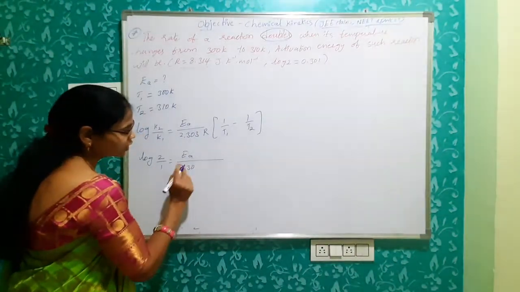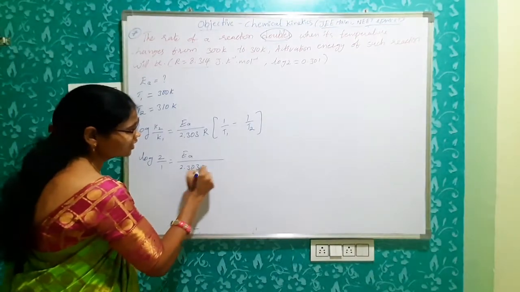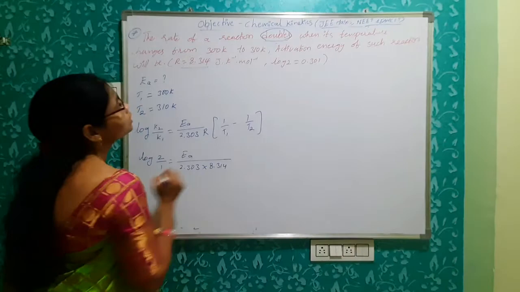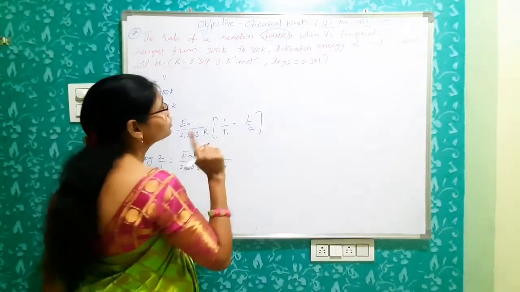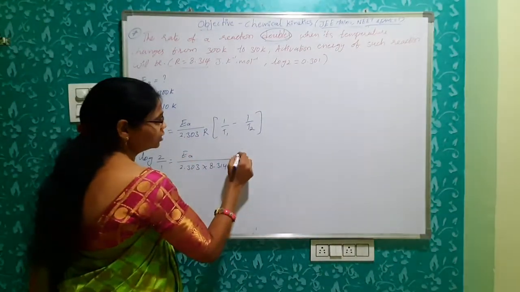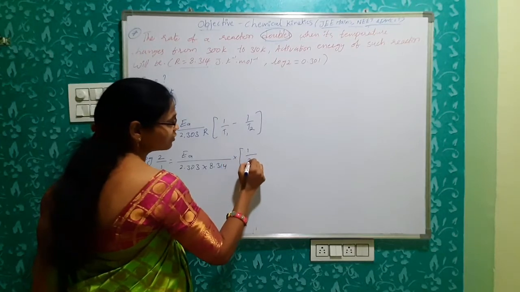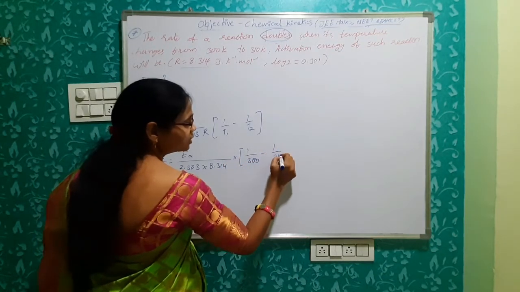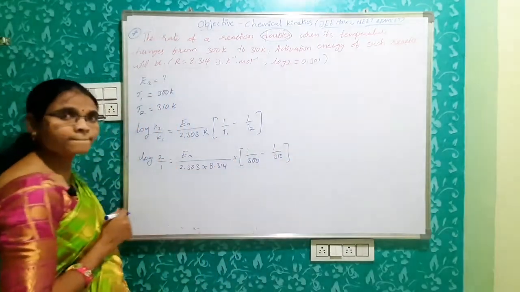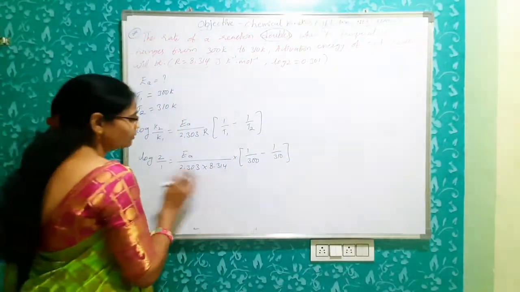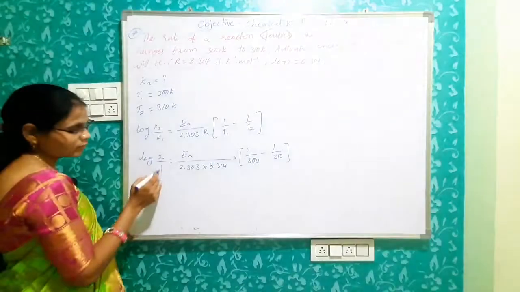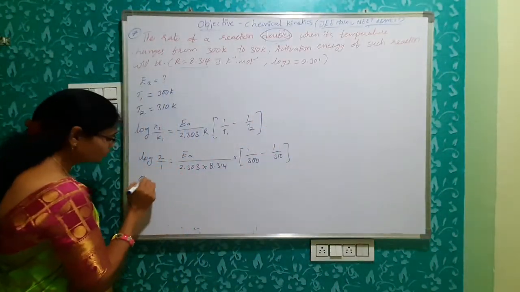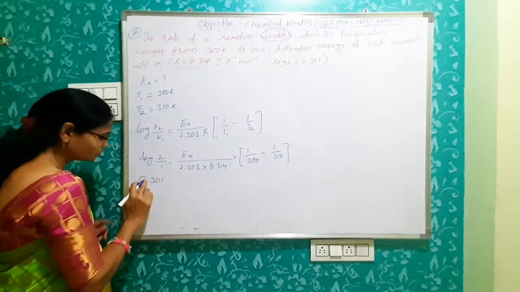Next, 2.303, R value is given as 8.314 joules Kelvin inverse mole inverse, into 1 by T1, given as 300 kelvins, minus 1 by 310 kelvins. Simplify this. So log 2 by 1 is nothing but log 2, and the log 2 value is how much? 0.301.